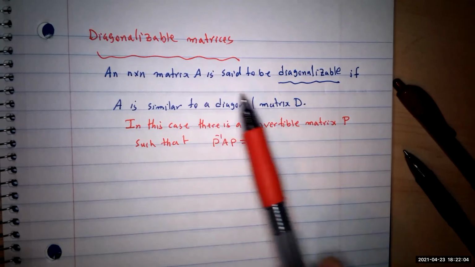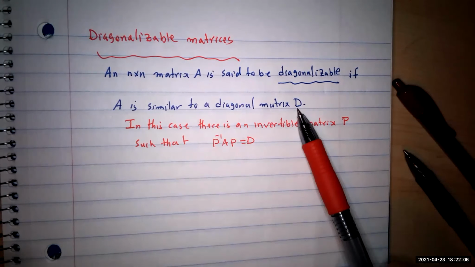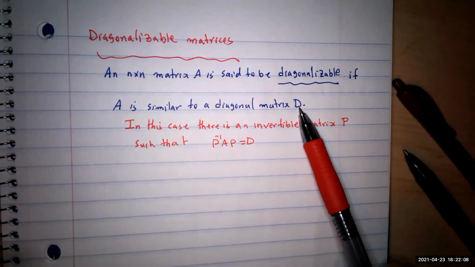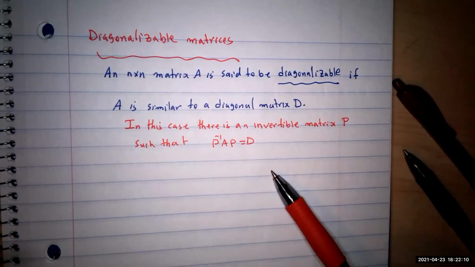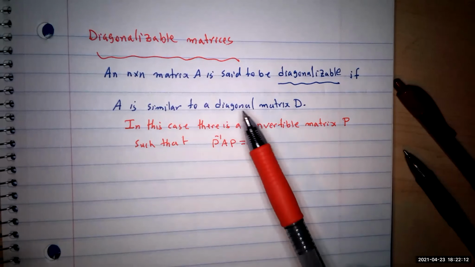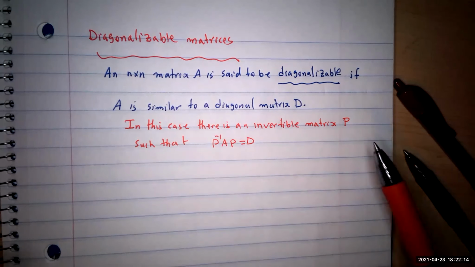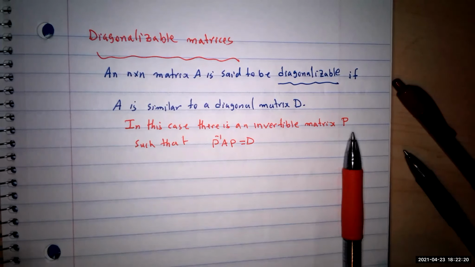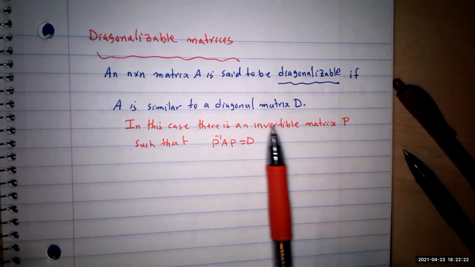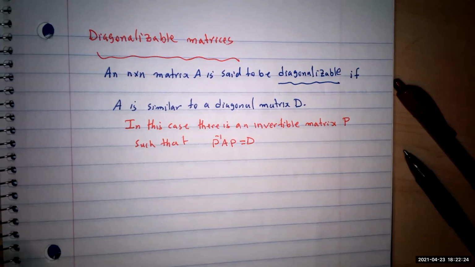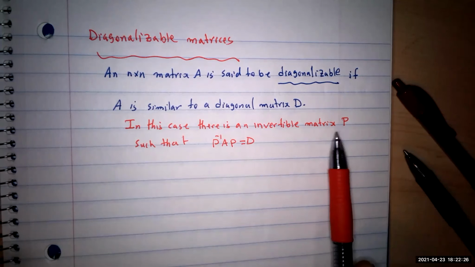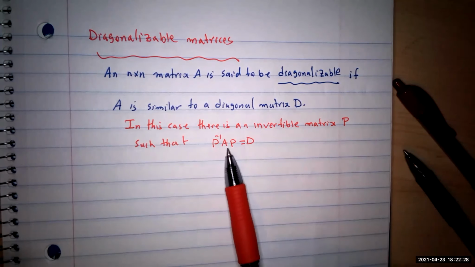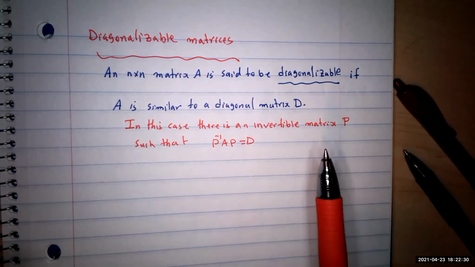Then the matrix D is going to be a diagonal matrix whose main entries are the eigenvalues, lambda 1, lambda 2 to lambda n. The matrix P is going to be a matrix whose columns are eigenvectors. So if you form it, then you can confirm that this condition is satisfied. And this is your job.